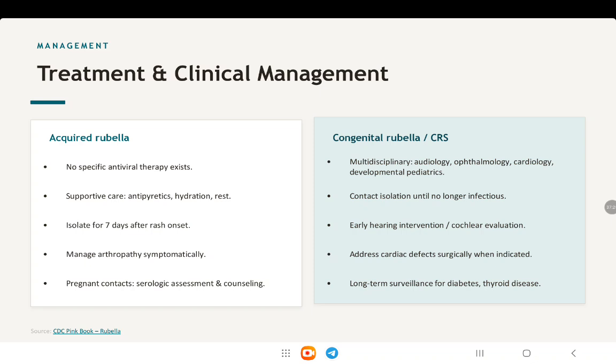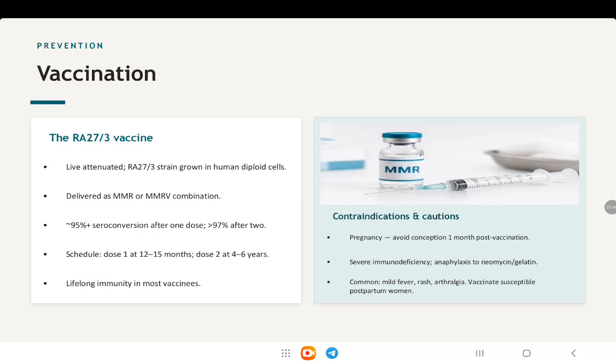Contact isolation until no longer infectious, early hearing intervention, and also assess the heart for a cardiac defect or not. Long-term surveillance: follow up the baby for a long time for diabetes and thyroid disease development.